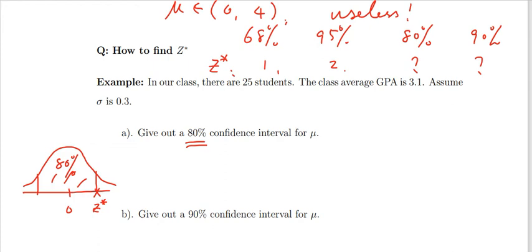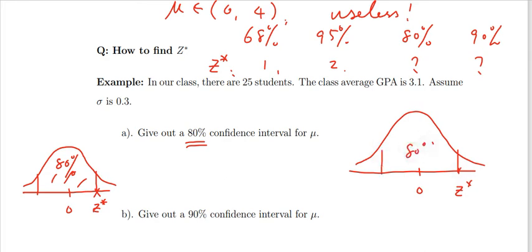So our Z table is all the way down, right? Like this. So here, this is Z star, meaning from here to here is 80%. So here's 10% and 10% here.